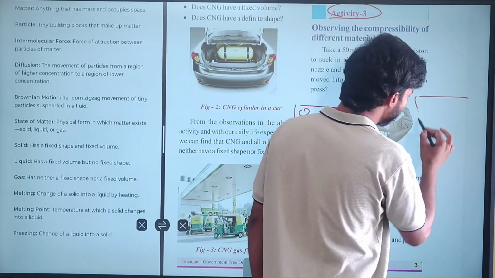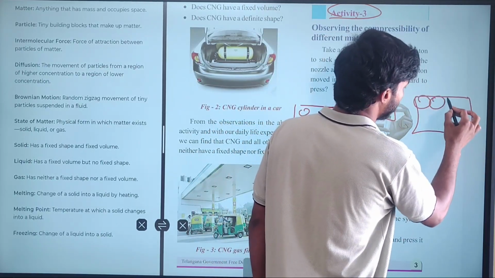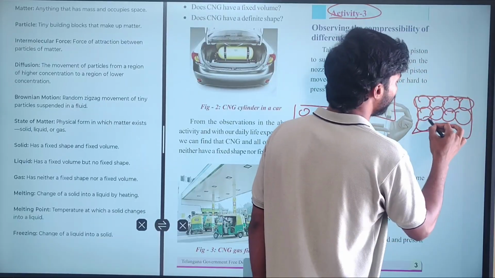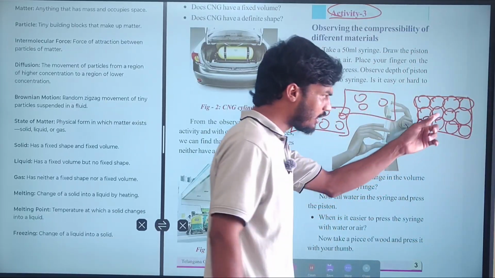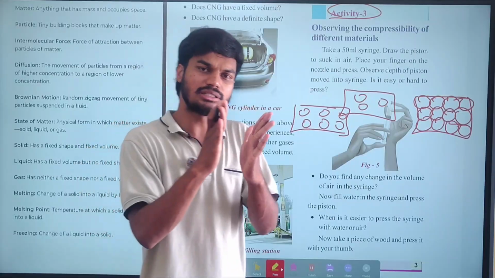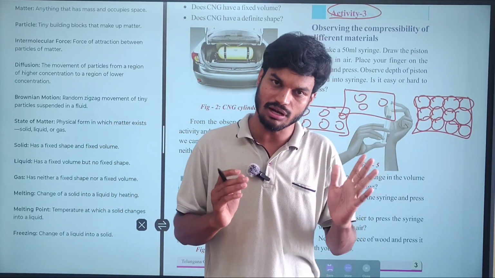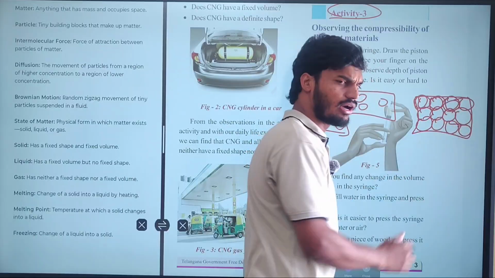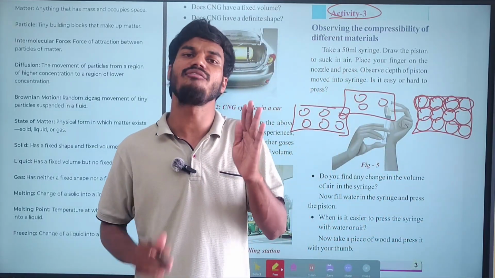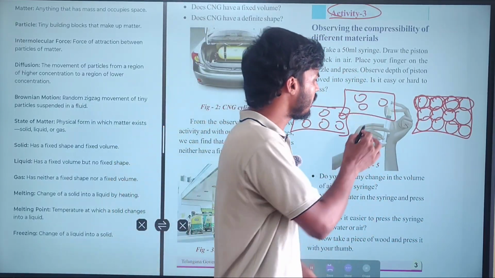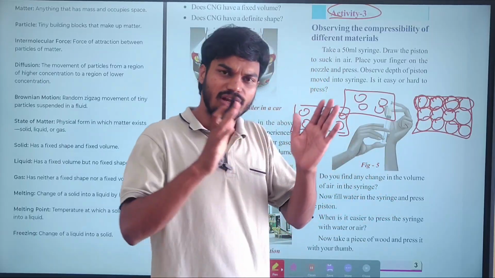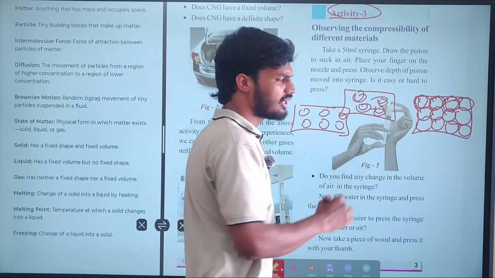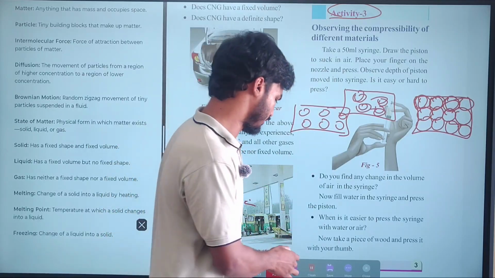If the intermolecular spaces of an object are tightly packed, the compressibility is negligible or very little. If the intermolecular spaces are packed very freely, the compressibility will be higher in nature.